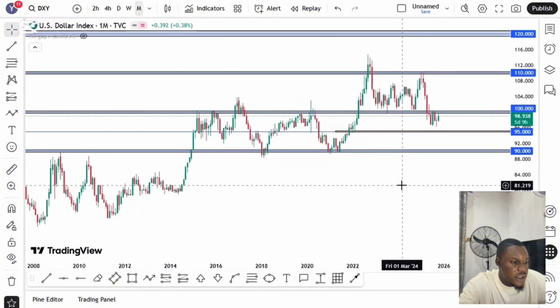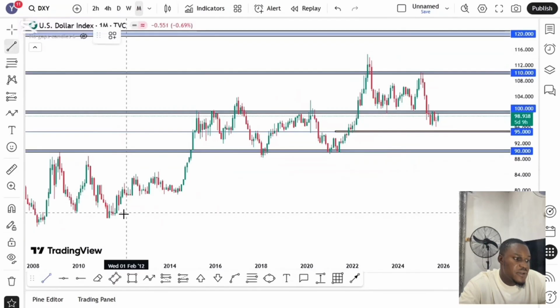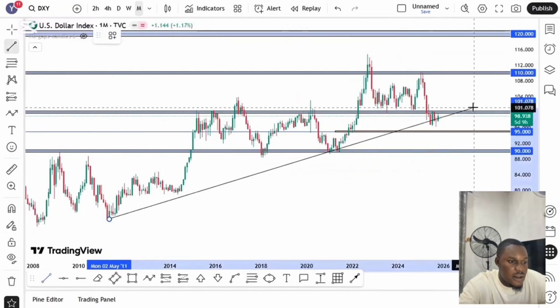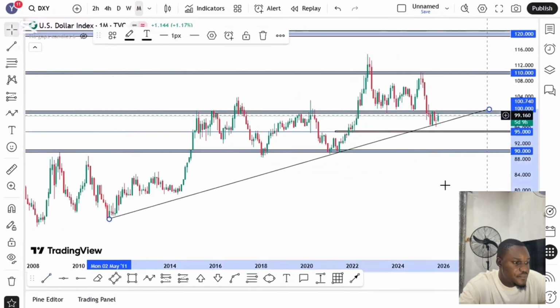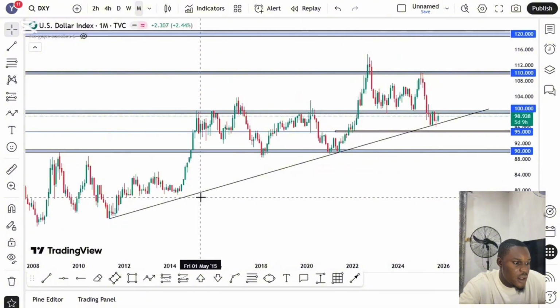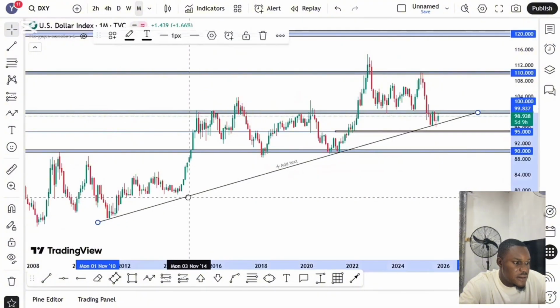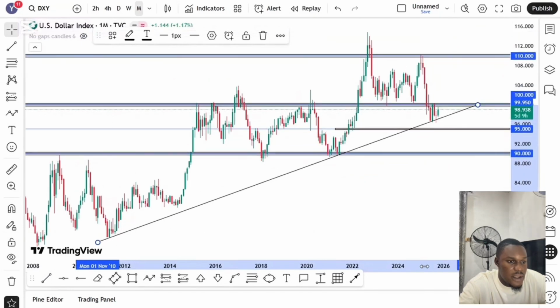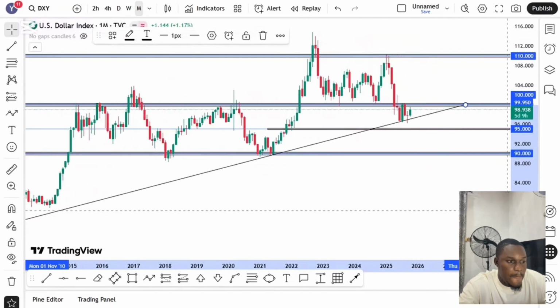Also, there's a trend line which might be preventing the dollar from going lower. Here's the trend line. This trend line has been preventing the dollar index from going lower to the downside.